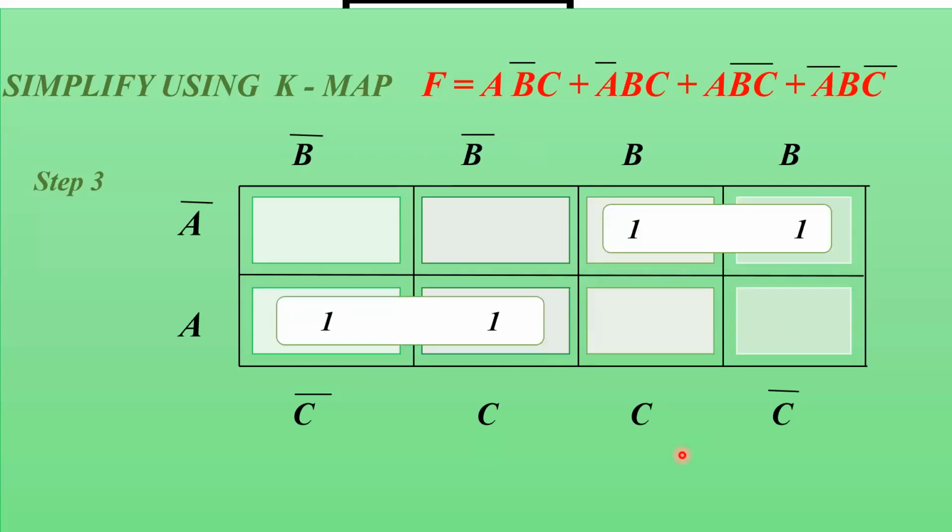Clear? Add the zeros. After that, this one is the one group and this one is the second group. Now we will take the values of the first group and simplify it.